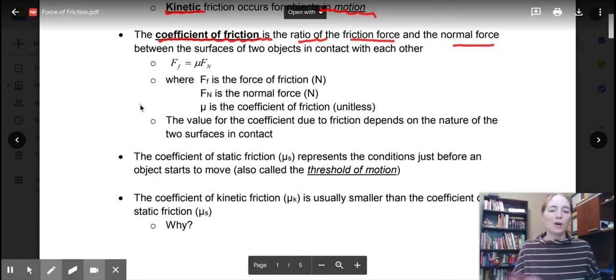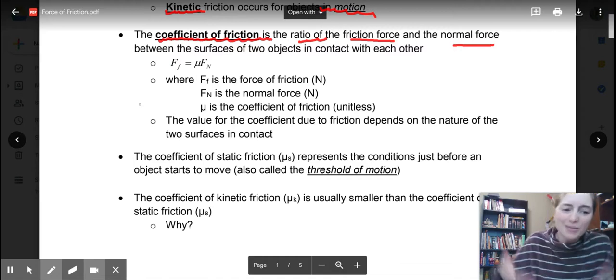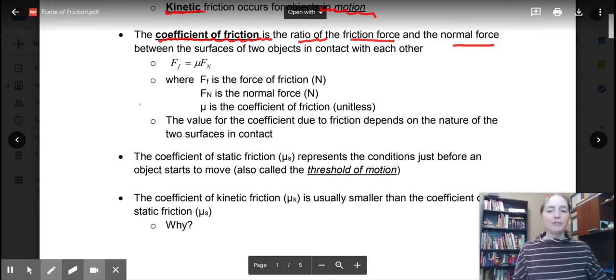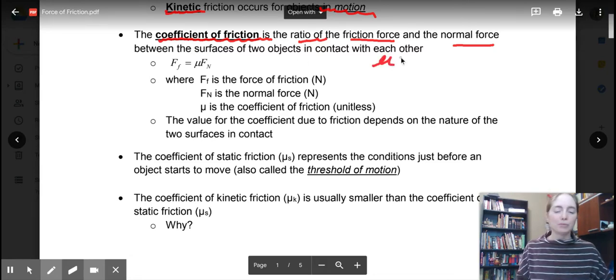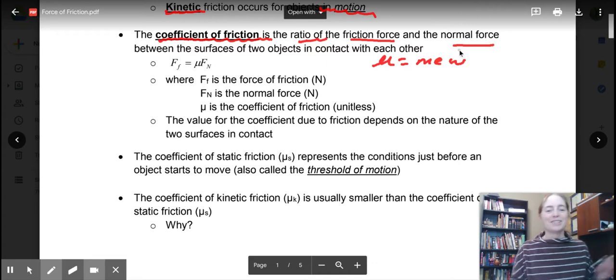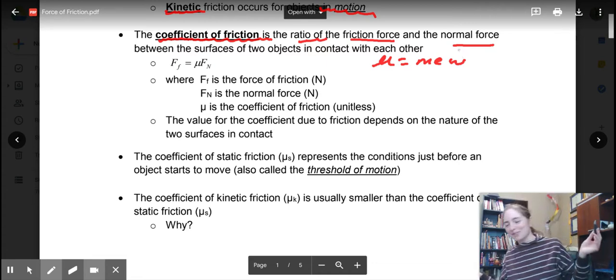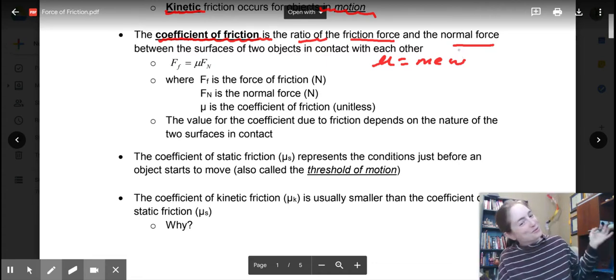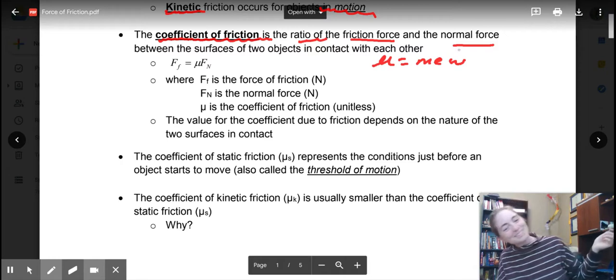Essentially, it is a measurement of how rough something is. The name of the symbol, this little U guy, is called mu. So which cat falls off the roof first? The one with the lowest mu, the one with the lowest coefficient of friction.